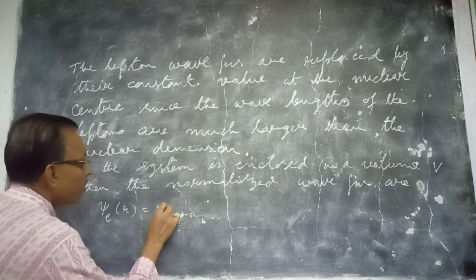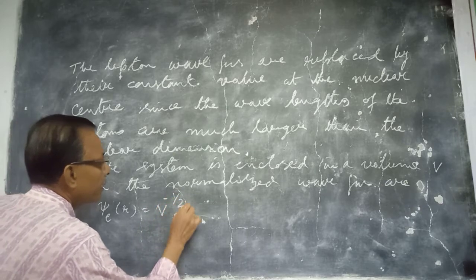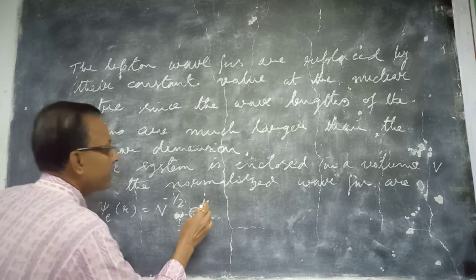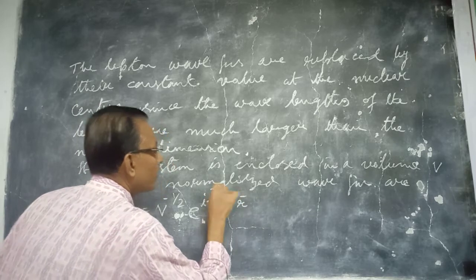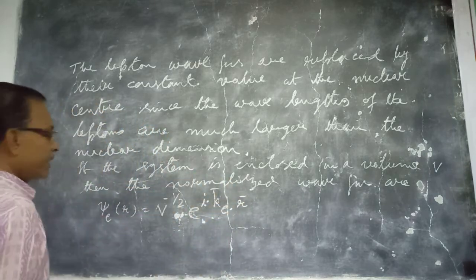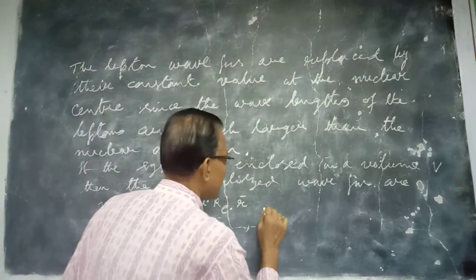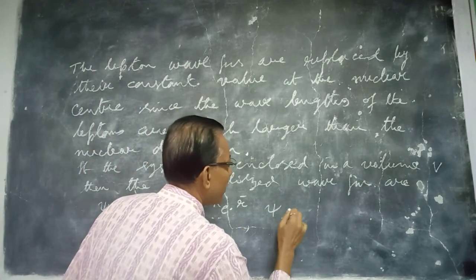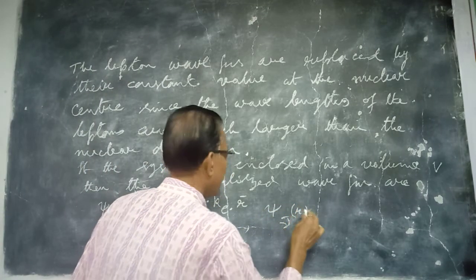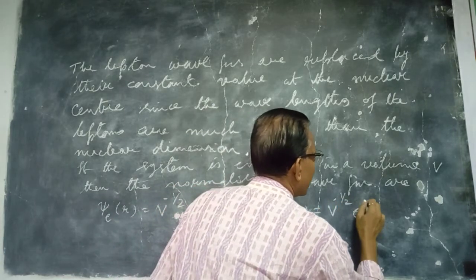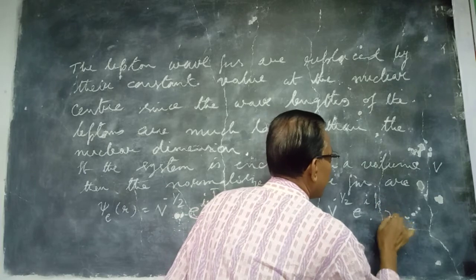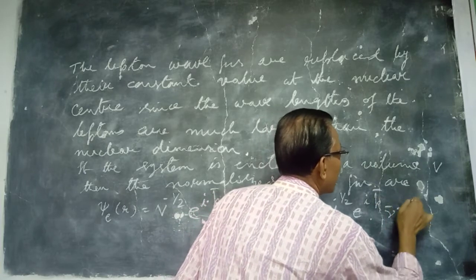It is V to the power minus half, e to the power i k_e dot r. e to the power i k dot r represents the plane wave. And psi_nu-bar(r) is V to the power minus half, e to the power i k_nu-bar dot r.